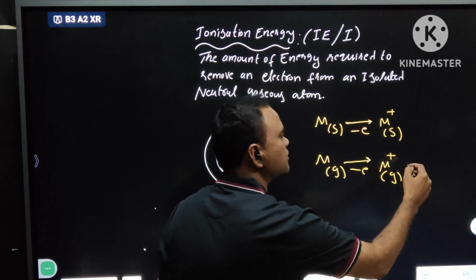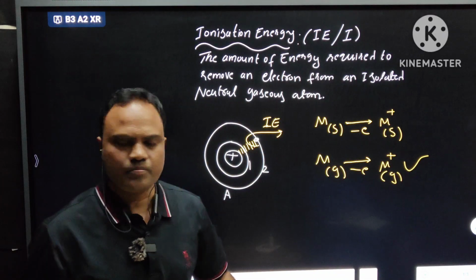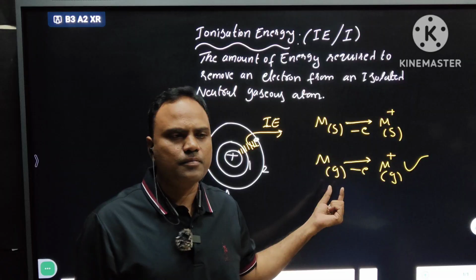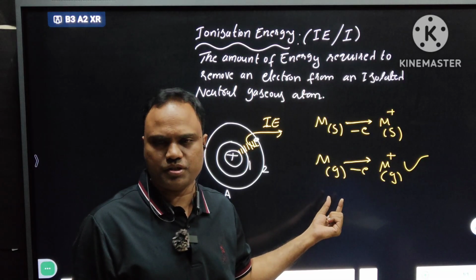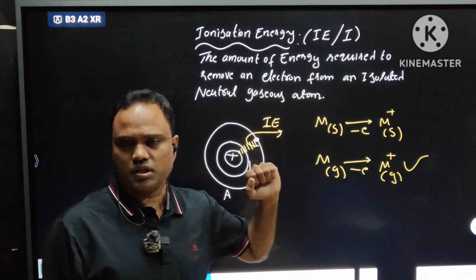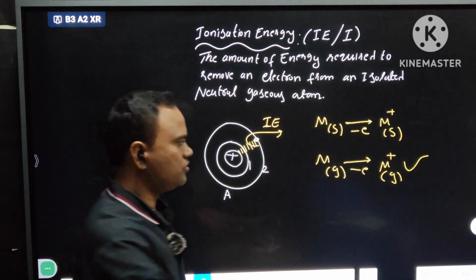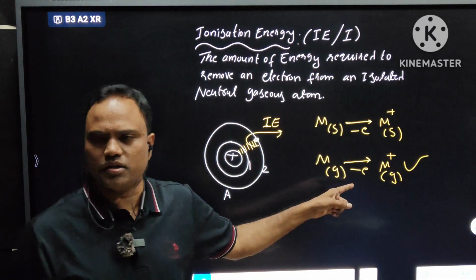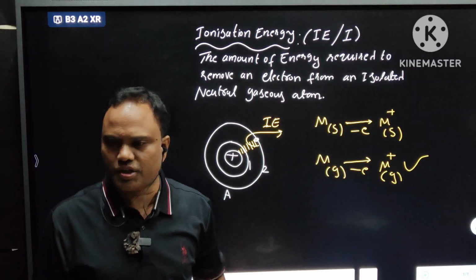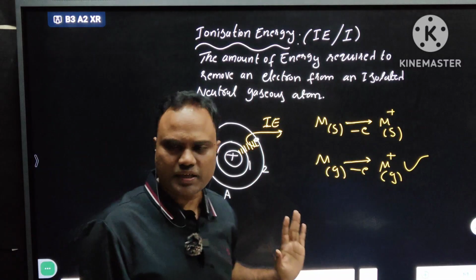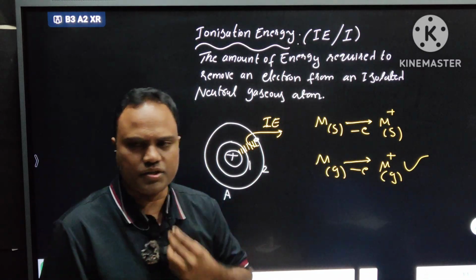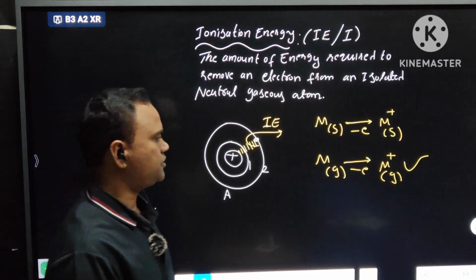In the second case, because the metal is present in the gaseous state. In the first equation, the metal is present in the solid state. So the atom should be in the gaseous state. That is an important condition.